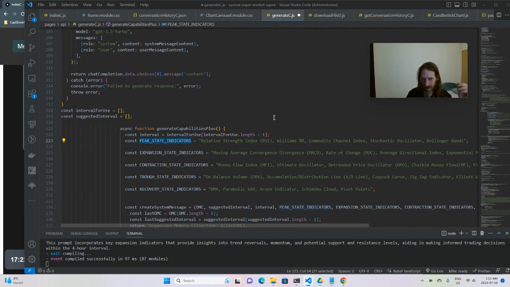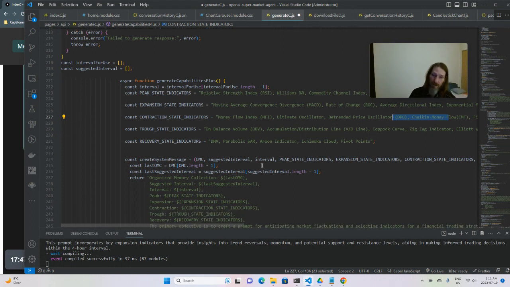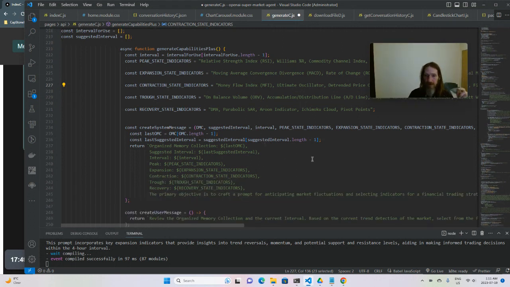So I must have asked it to group relevant indicators that would identify peak state, expansion state, contraction state, and to give me the best indicators that do just that. So when it does an analysis of the market, it's doing a pretty fine job. I'll show you folks how I do that.